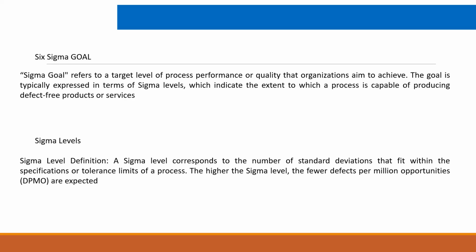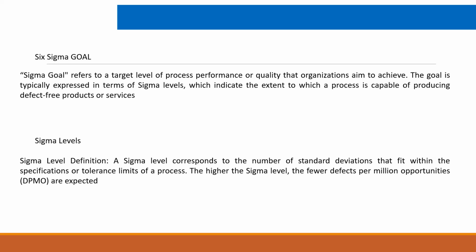So the Six Sigma definition is what? Six Sigma actually corresponds to the number of standard deviations that fit within the specifications and tolerance. And that tolerance, as calculated in Six Sigma, is known as DPMO. Very important. There are two terms: one is DPMO and the other is DPO.